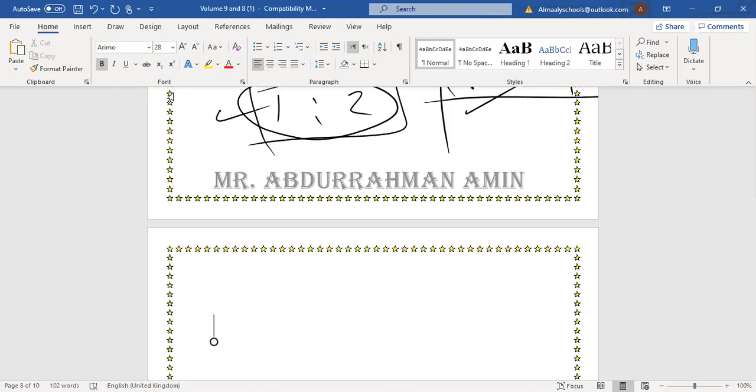A sphere and a cylinder both have the same surface area and the same height of 16 centimeters. Calculate the surface area of the sphere, the radius. So I'll give you a hint.